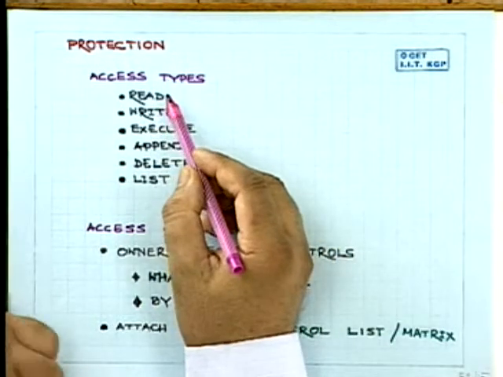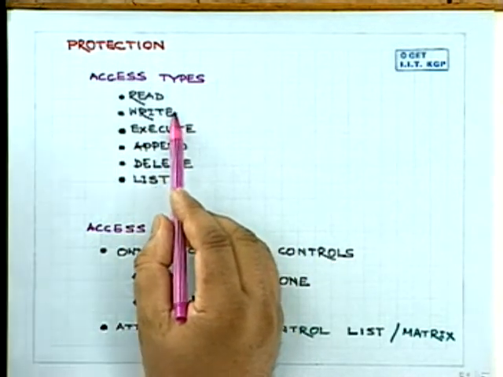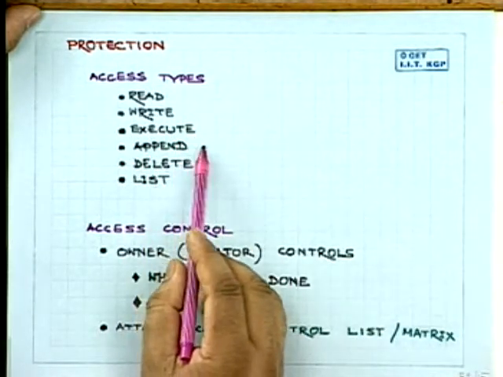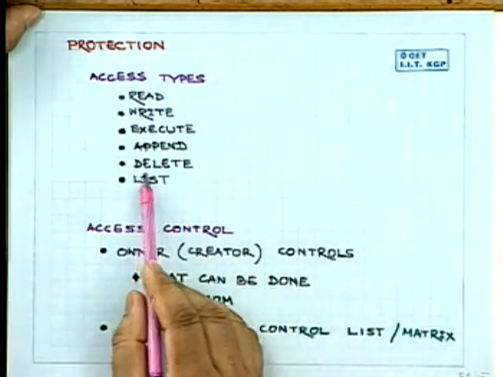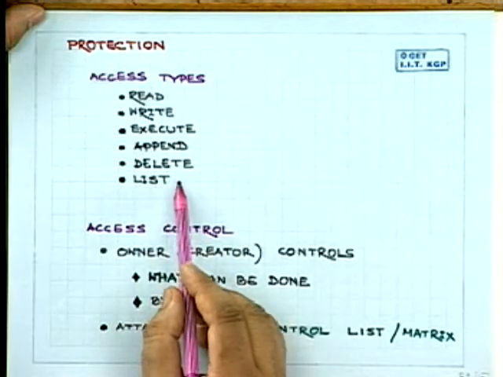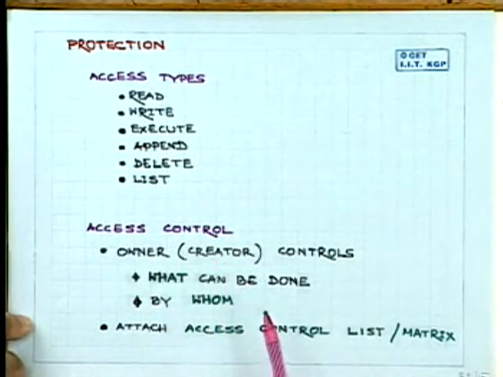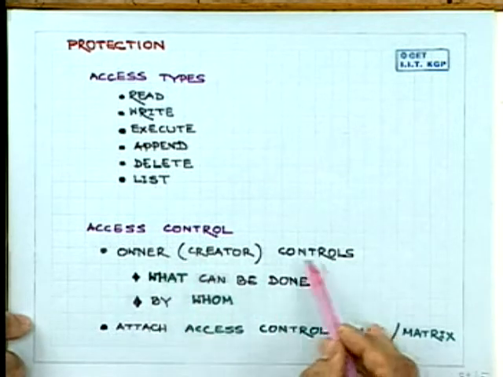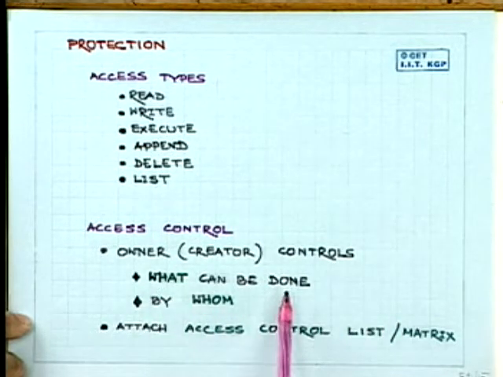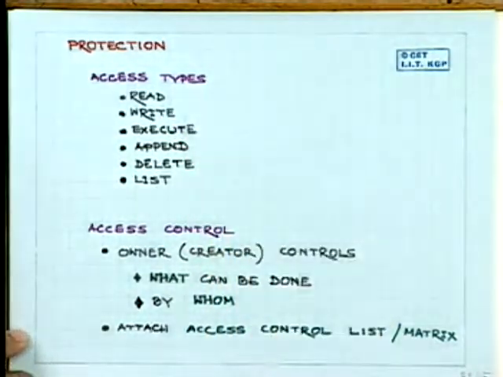That means it can be read only, one can be allowed to read it, one can be allowed to write a particular file or subdirectory, one can be allowed to execute a file, one can append to an existing file, one can delete a file or a subdirectory, or one can be allowed to release the content of a file or a subdirectory. Now the access control naturally will be controlled by the owner, that is the creator of the file or the subdirectory, that what can be done or by whom this access can be permitted.